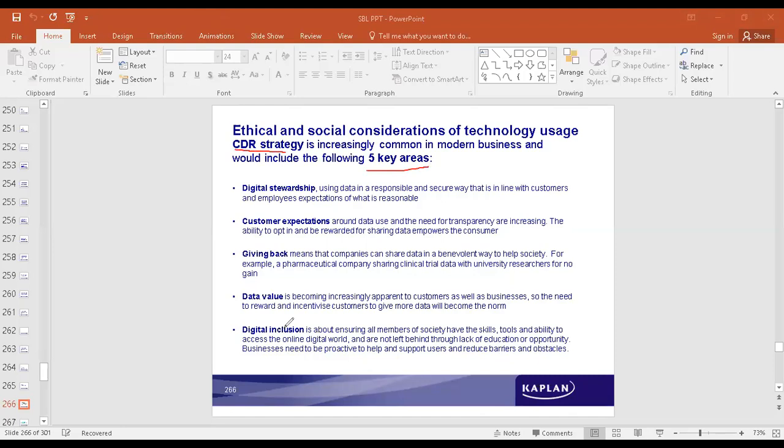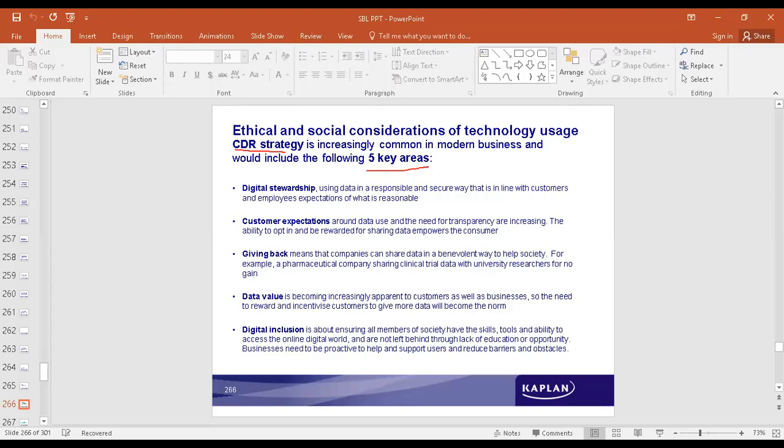What are they? First one is digital stewardship, then customer expectations, giving back, data value, digital inclusion. So the first one is a responsibility which is taken up to serve the stakeholders. So stakeholders are in line with the customers and the employees.